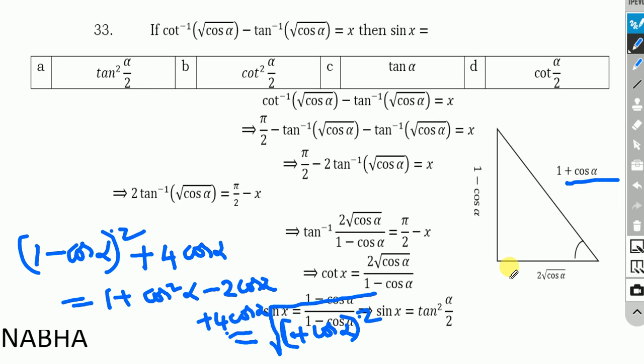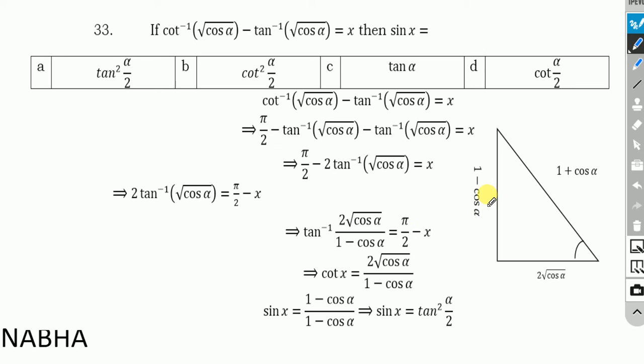So now required is sin x, so we can write sin theta or sin x is equal to opposite by hypotenuse, that is 1 minus cos alpha by 1 plus cos alpha. But we know that 1 minus cos alpha is 2 sin square alpha by 2, and 1 plus cos alpha is 2 cos square alpha by 2.